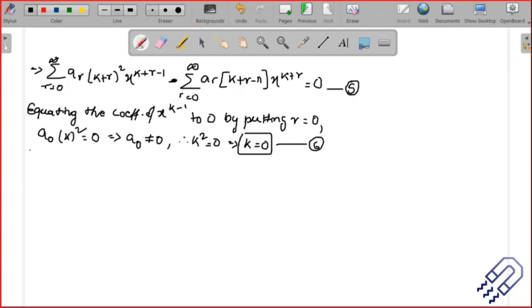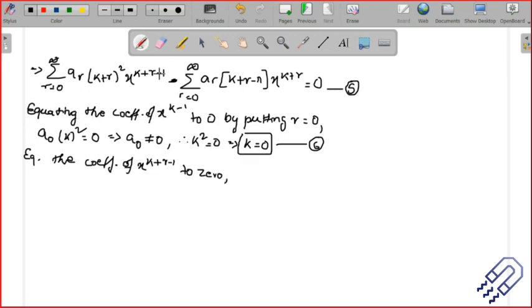And then in a similar way we can say this, equating the coefficient of x to the power k plus r minus 1 to 0, okay. Here we can actually get both the terms.